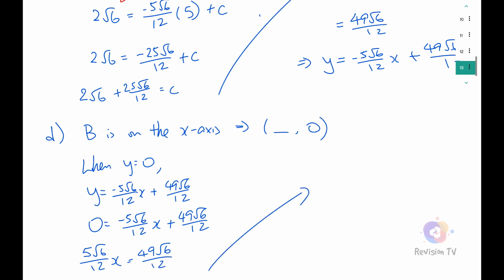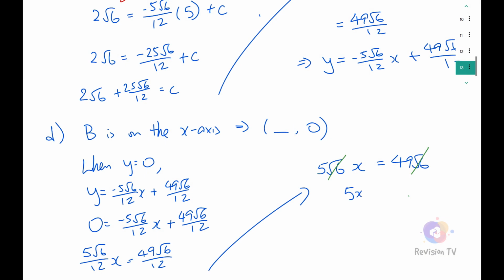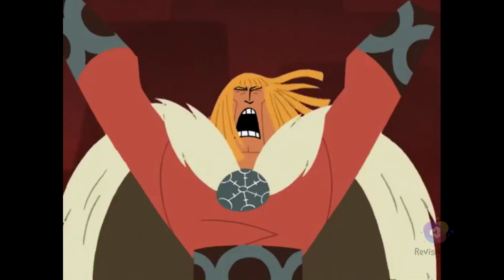Because both sides have the denominator of 12, we can ignore it, so it becomes 5 root 6 x equals 49 root 6. Both sides have root 6, so divide both sides. So 5x equals 49, and dividing across, x is 49 over 5. The question needs us to find the coordinates, so we write 49 over 5 and 0.